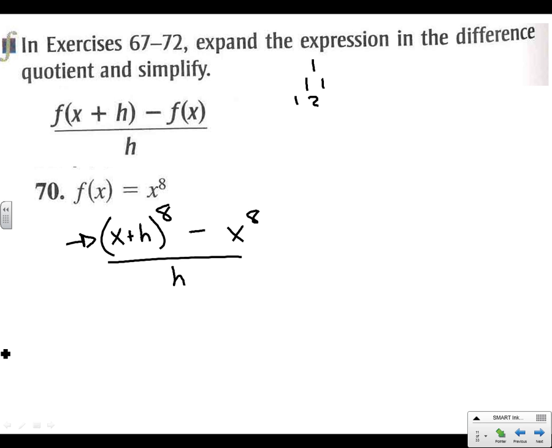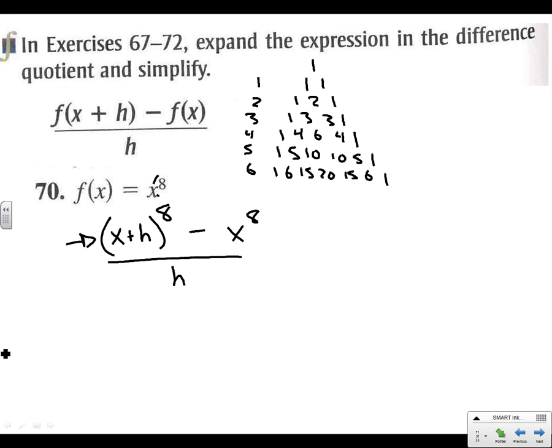First row, second row, third row, fourth row, fifth row, sixth row. What are we on here? 1, 2, 3, 4, 5, 6, and we need to get up to 8 here.